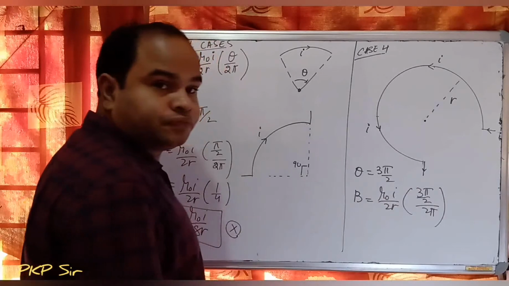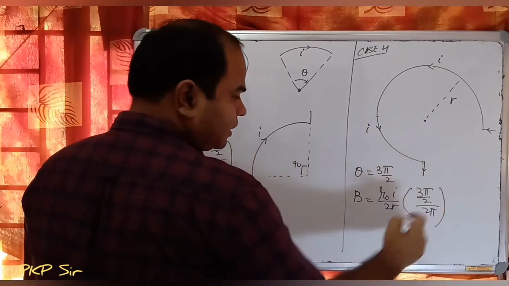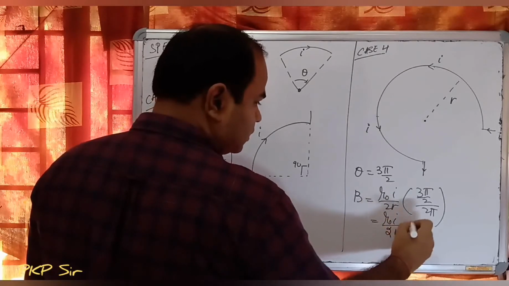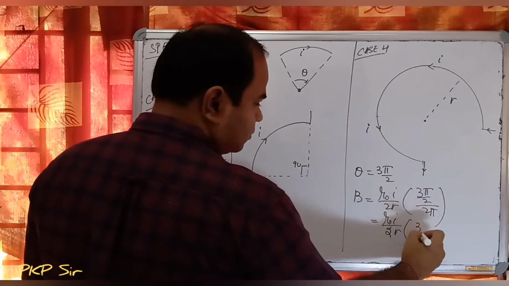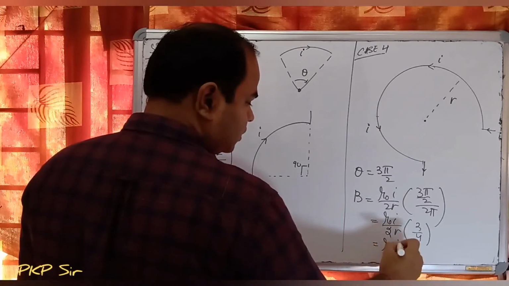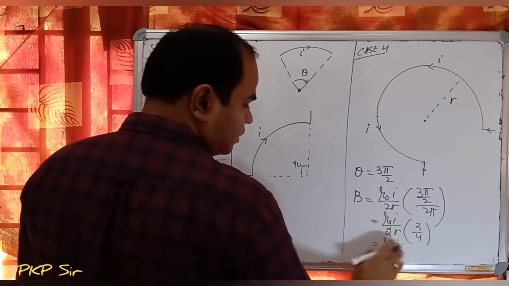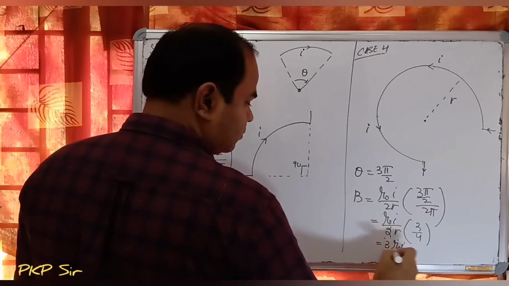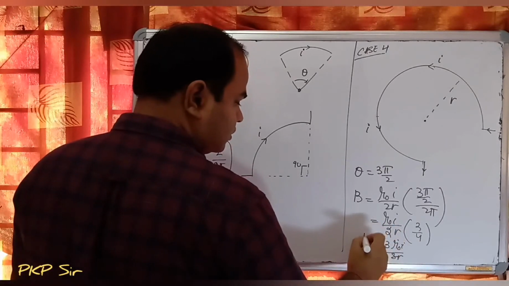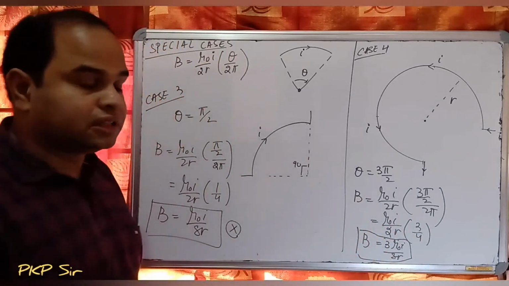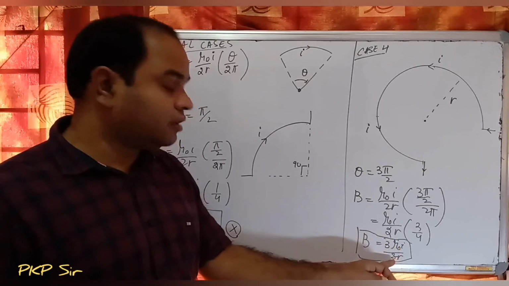Okay? And pi cancels, so this becomes mu naught I by 2r times 3 by 4. So that is 3 mu naught I by 8r. Okay, the magnetic field at the center is 3 mu naught I by 8r.